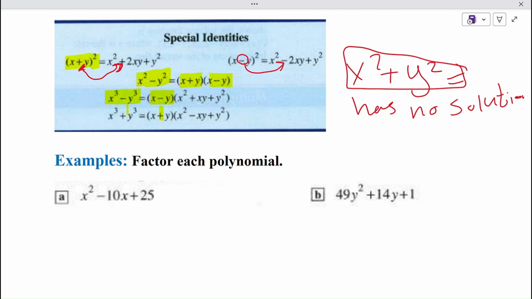For the bigger bracket, you have to square the first term, then write the opposite sign of this one. Here we have minus, so the opposite of minus is plus. Then write the first term times the second term, then plus the second term square.